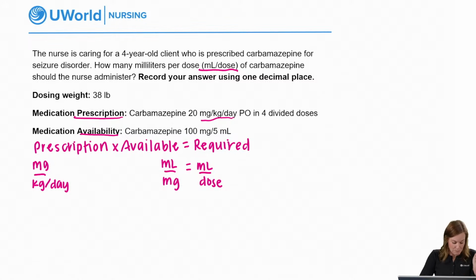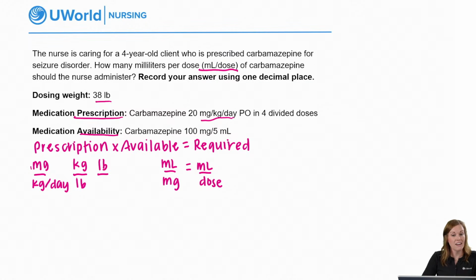Okay, so let's put in some of our other units here. Again, this is a weight-based medication. We know that because the prescription says kilograms per day. So we know our patient is dosed in kilograms, but we've been given pounds, so we're going to make a conversion: 1 kilogram over pounds, and then our client has a weight in pounds.